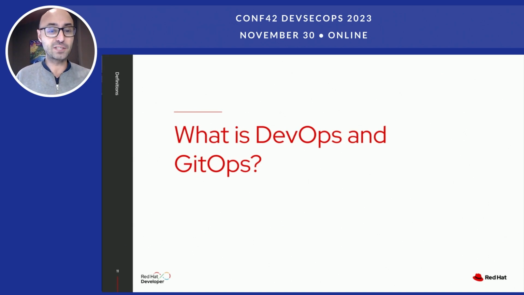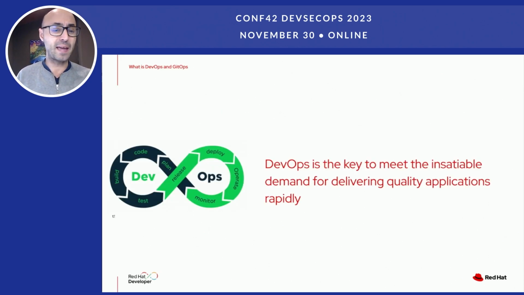Okay, so first of all, what are DevOps and GitOps? DevOps is the key to meet the insatiable demand for delivering quality applications rapidly. Basically, it means we are able to deliver our applications faster.